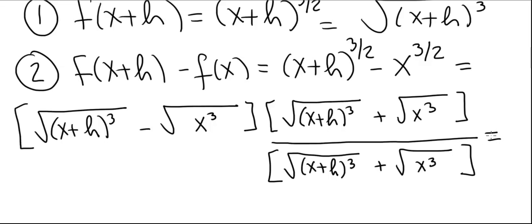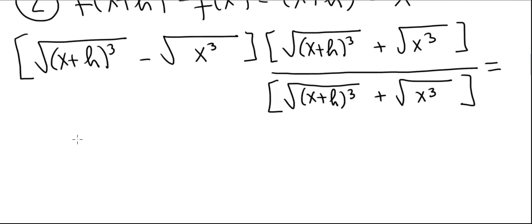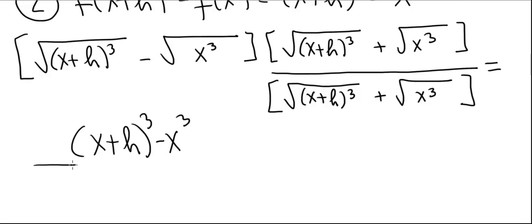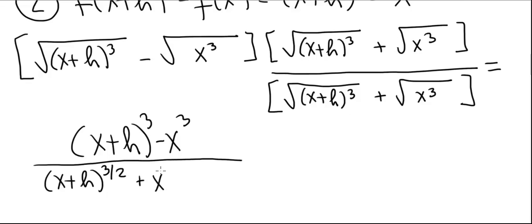The product yields in the numerator x plus h cubed minus x cubed, and in the denominator we can go back to the old notation without the radical: x plus h to the 3/2 plus x to the 3/2. So the next step is to expand x plus h cubed in the numerator.